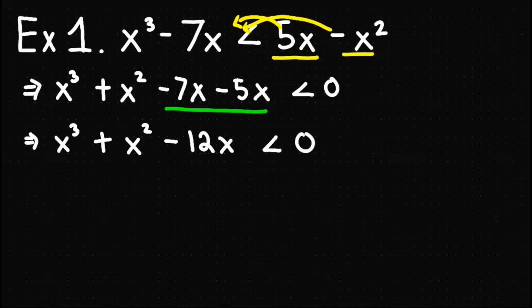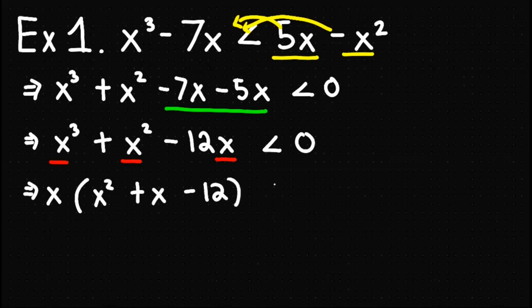So now that we have everything set up on the left side of the inequality and on the right side we have a 0, the next thing to do is to factor this one. So the first thing that we can factor is that since every term has a variable x, we can factor out x and we'll be left with x squared plus x minus 12. Then we have here a quadratic expression.